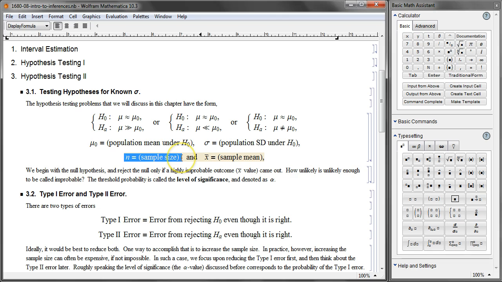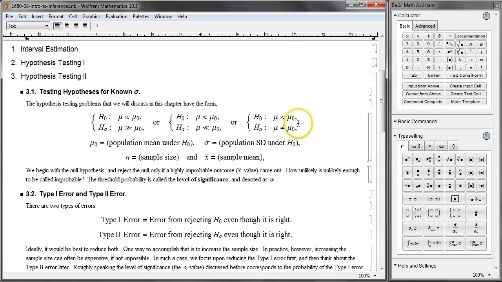In the previous type of examples, when we just set up the hypothesis, the sample size didn't play any role whatsoever. The sample mean, well, was helpful a little bit, but still nothing really significant. We need this one. Finally, we need one more thing, so-called the level of significance, which we typically denote as Greek letter alpha.